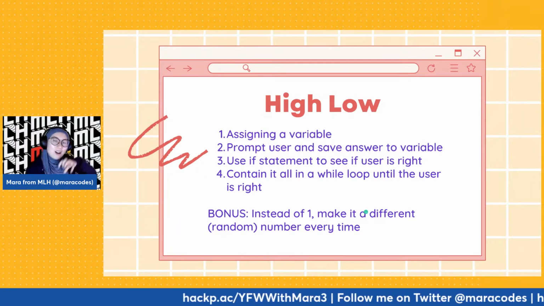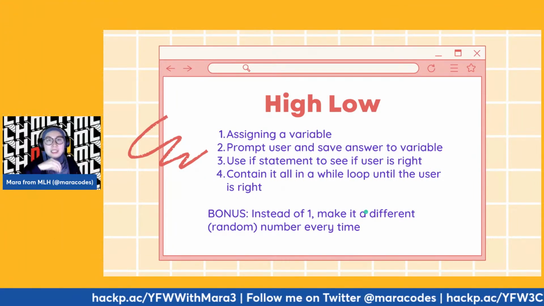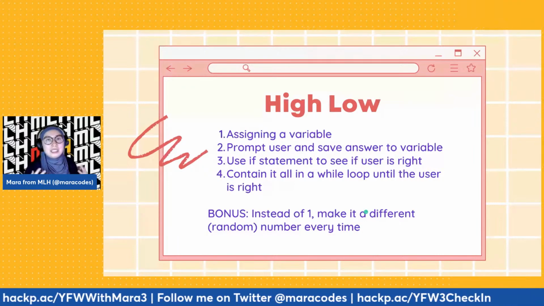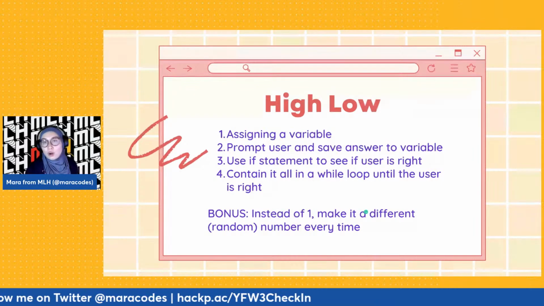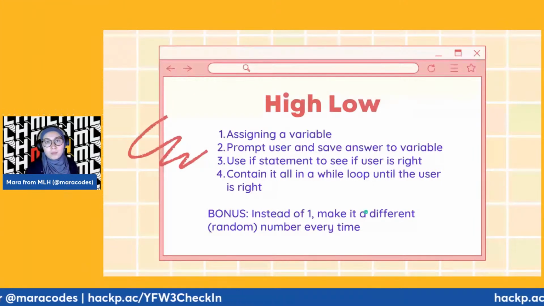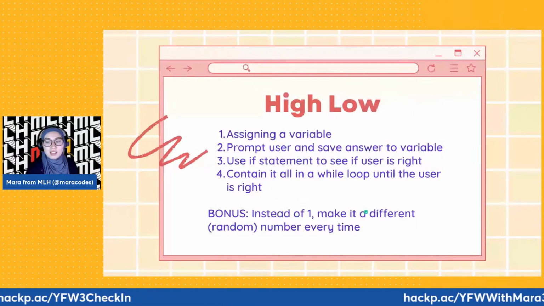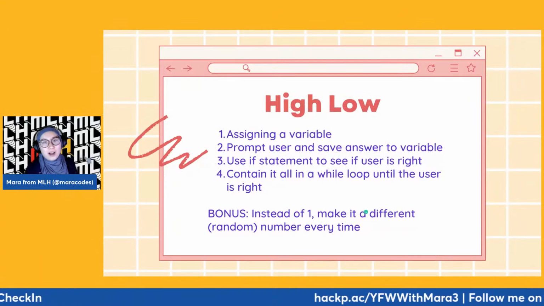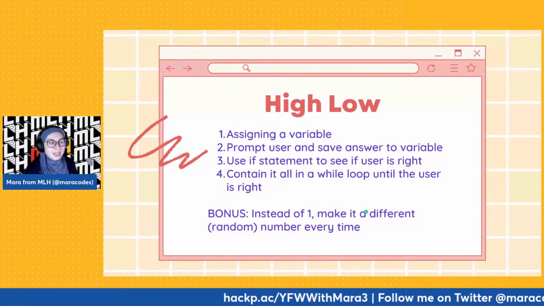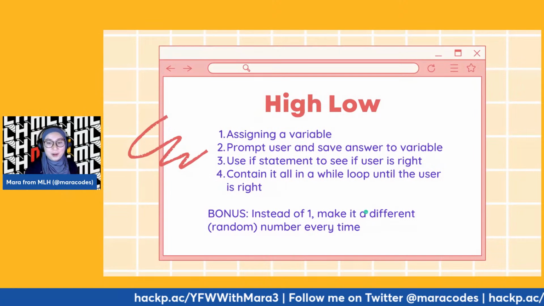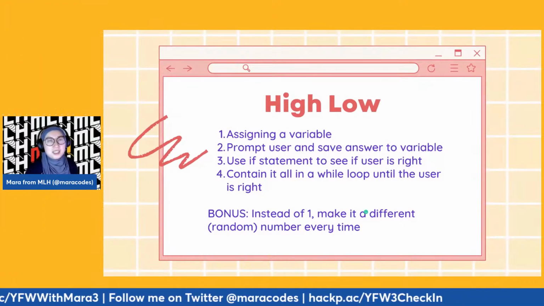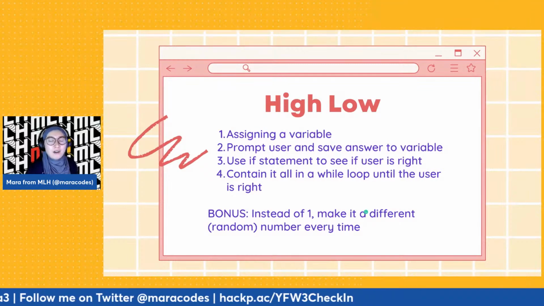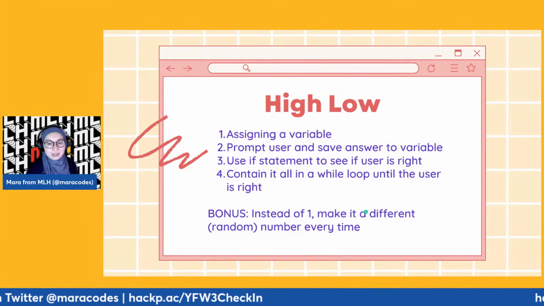Then we'll contain it all in a while loop until the user is right. So we'll do while the guess and the answer aren't the same. And then bonus, instead of just assigning a variable, we're going to make it a different random number every time. That's going to be our last step, because while we're building and testing the game, it's much easier to know what the answer is.